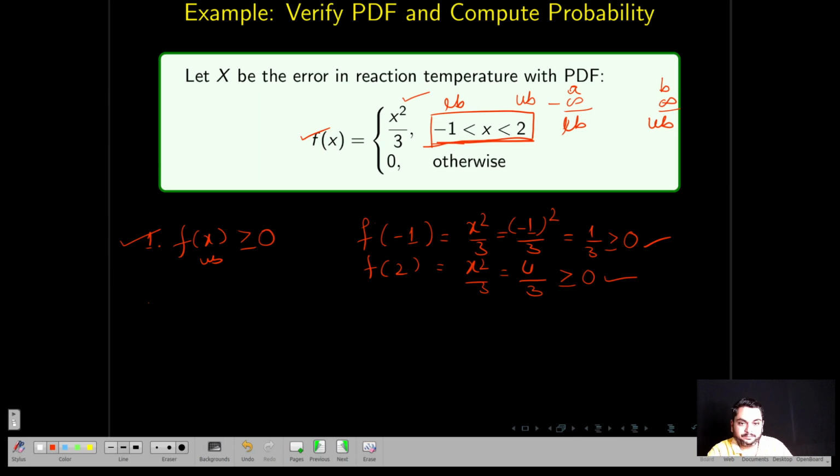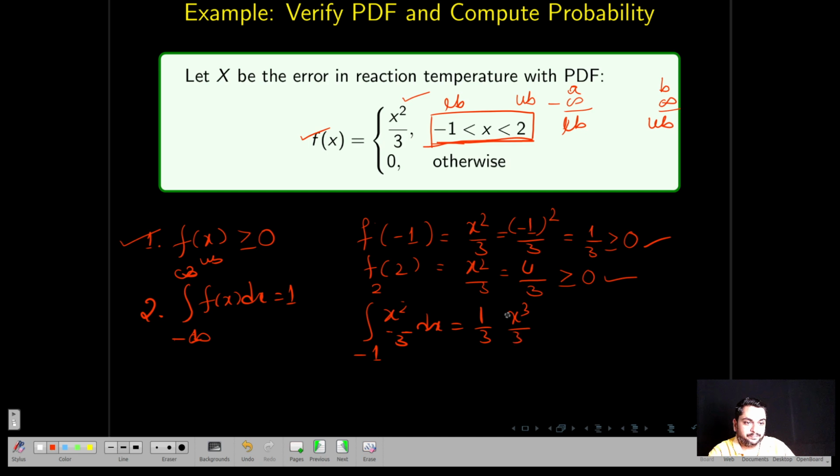The second condition says the integral from minus infinity to plus infinity of f of x dx should be equal to 1. That means what is the lower bound? Minus 1. Upper bound is 2. The function is x square by 3, dx should be equal to 1. So let us test this. The integral of x square by 3 is x cube by 9.